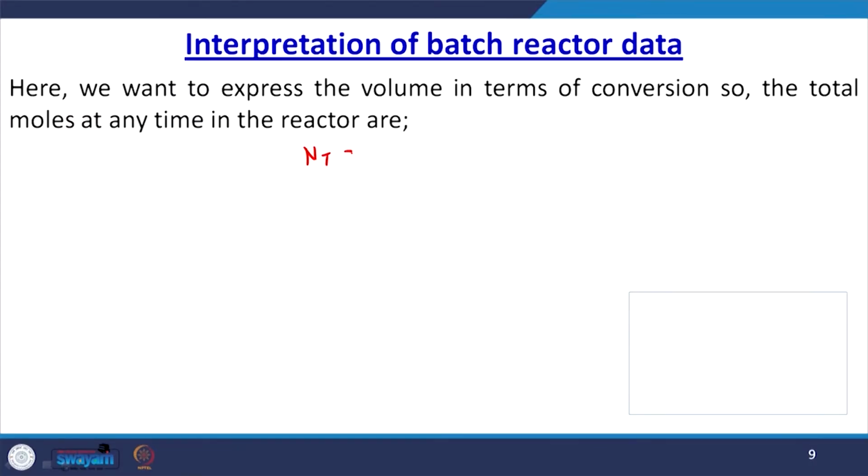Now, if we want to express the volume in terms of conversion, the total number of moles at any time in the reactor can be given as NT is equal to NT naught plus the change in the number of moles, A naught XA.